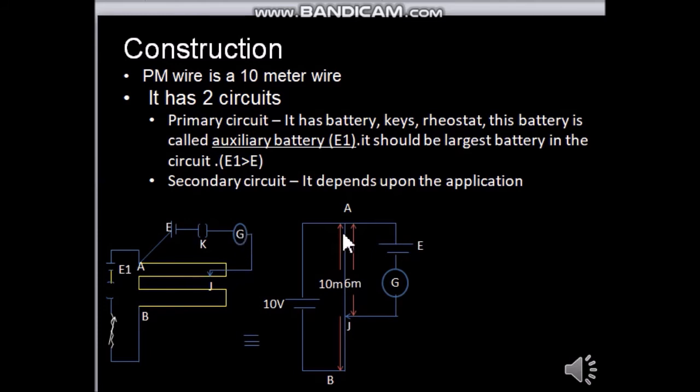J is some point which is somewhere between A and B. So between A and J we can show a cell and a galvanometer. Key just now I am removing. Suppose the key is closed. The purpose of the key is only to close or open the circuit. Now this J point is shown here.